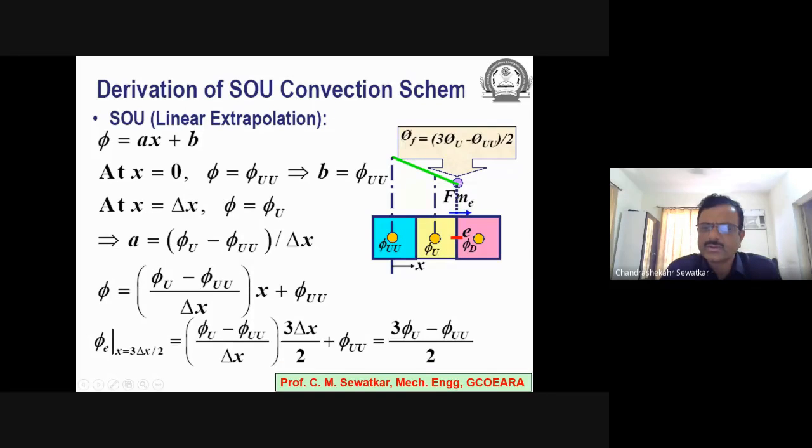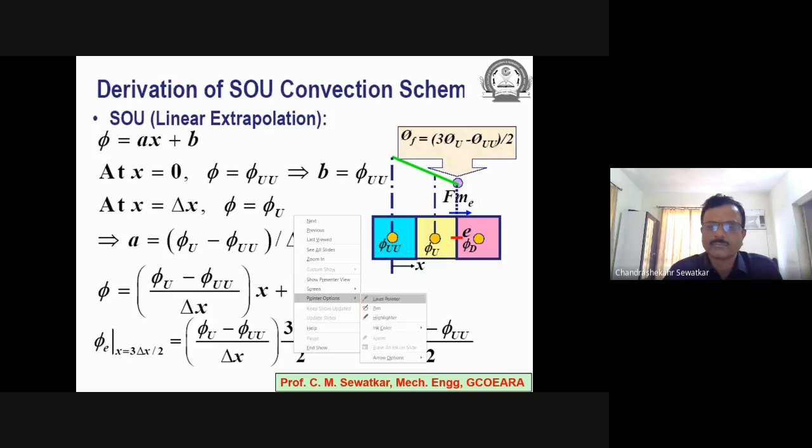So this becomes my upstream, this is upstream, and this is downstream if my flow is occurring in the positive x direction. I assume that my x starts from here.